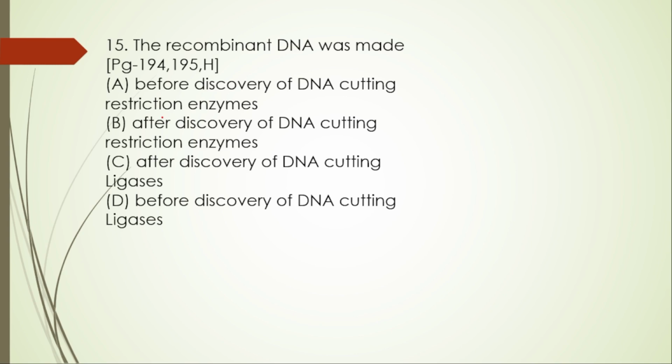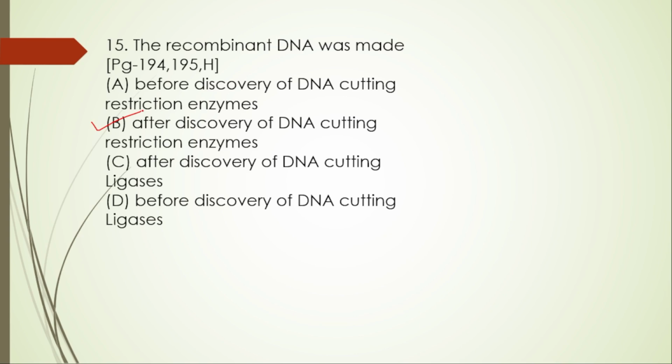Next, 15th question. The recombinant DNA was made A, before discovery of DNA cutting restriction enzyme, no. B, after discovery of DNA cutting restriction enzyme, yes. That is, recombinant DNA, rDNA, was made based fundamentally on the ability to cut the DNA at a specific sequence to insert new genetic material in it.